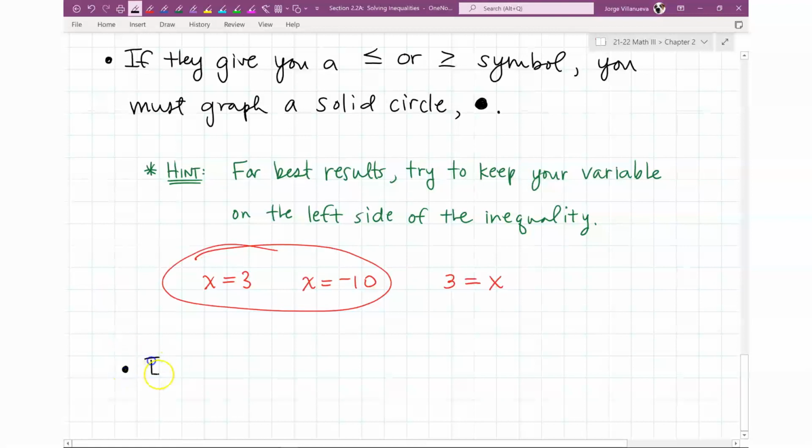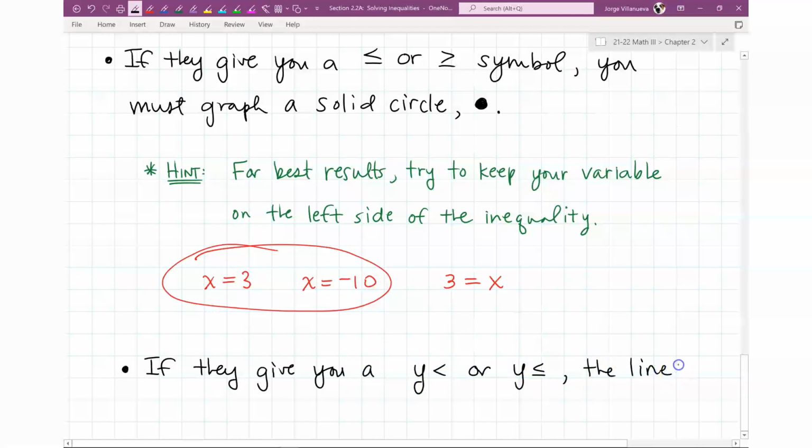Here's the next tip. If they give you a y less than or y less than or equal to, the line goes to the left. And I always tell people, follow the arrows.